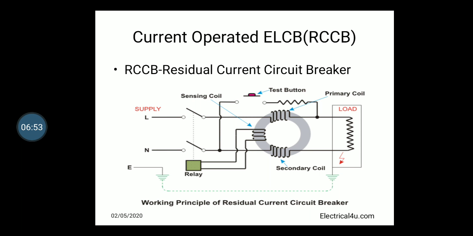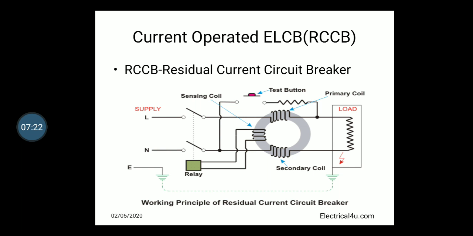As we can see in this diagram, there are 3 coils and one magnetic core. A magnetic core is present in the earth leakage circuit breaker or RCCB. There are 3 coils named primary coil, secondary coil and sensing coil wound on the magnetic core in the circuit breaker.